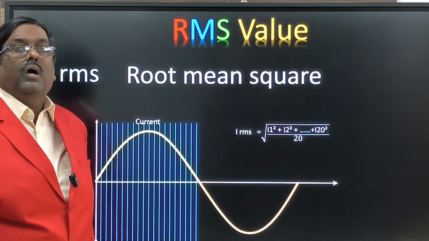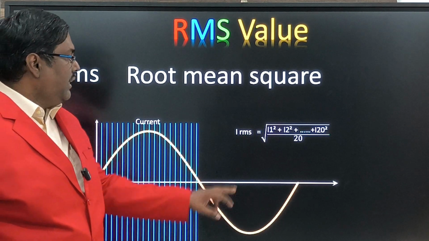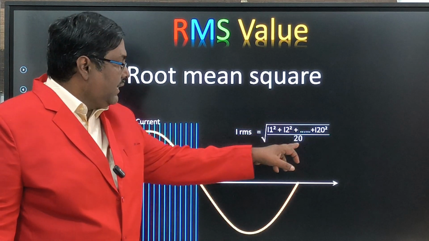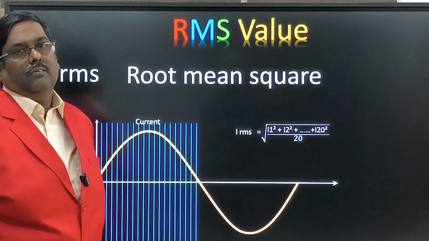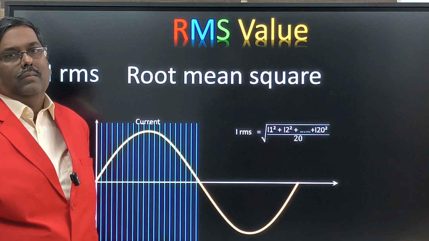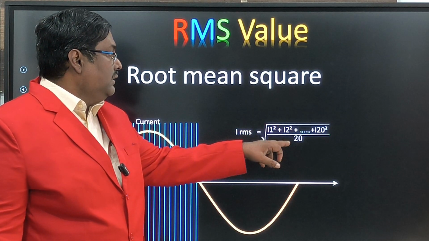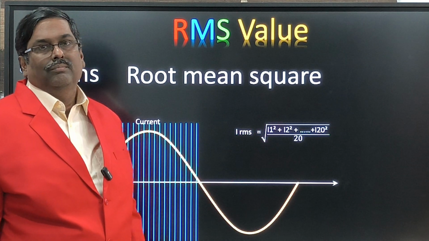So for the final value you have to go back to the original value. So we take the square root to cancel this square. After the average, you have to cancel the square so that you get the correct value. Otherwise, you will get power squared. So that is why we have two operations in the mean: before it, the square, and after it, the square root.